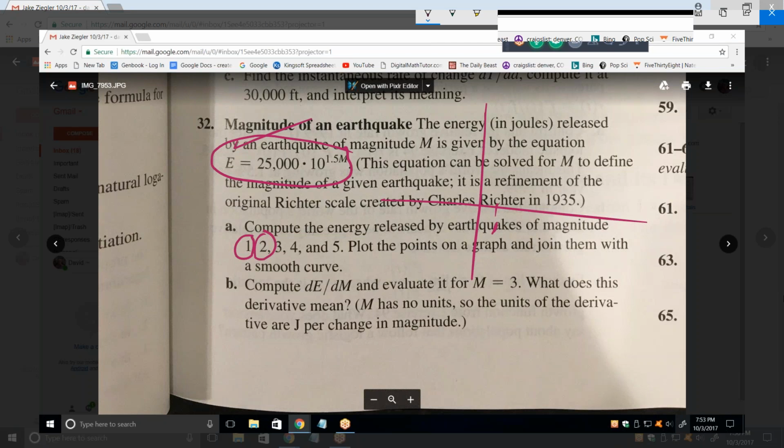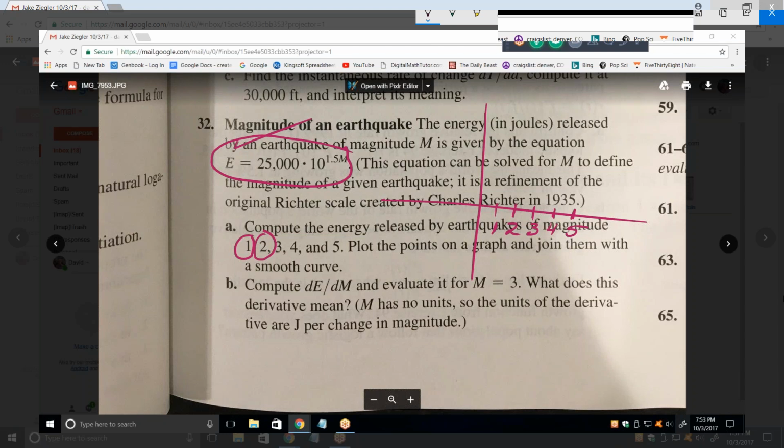Now, we don't have time to come up with answers for all 5 of these points, but because I know that Richter scales are based on logarithms, basically a 9-point earthquake is 10 times bigger than an 8.0 earthquake, which is 10 times bigger than a 7.0 earthquake.